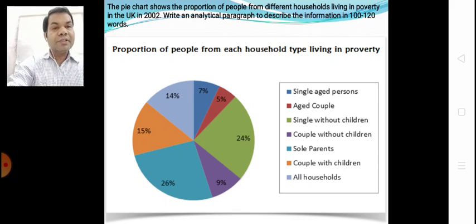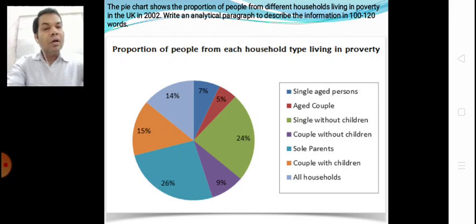Single aged person is indicated with blue, aged couple with red, single without children with green, couple without children with violet, sole parents with light blue, couple with children with orange, and all households with light blue.